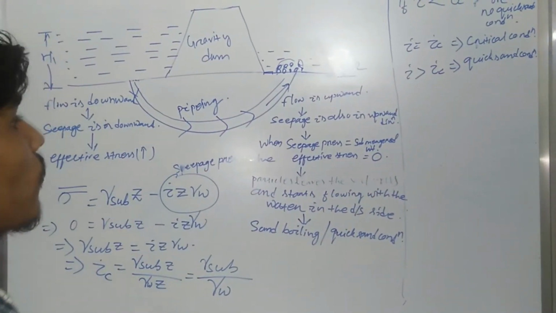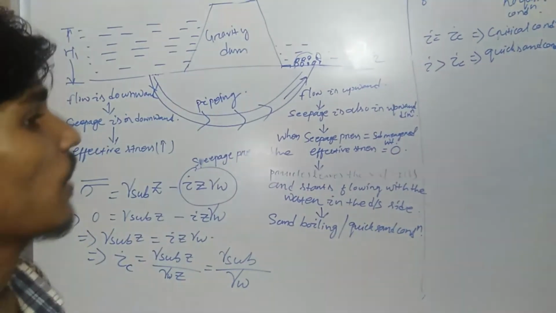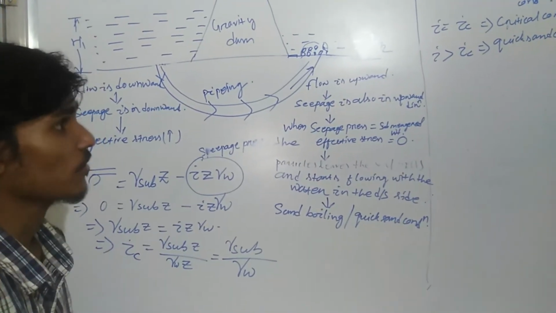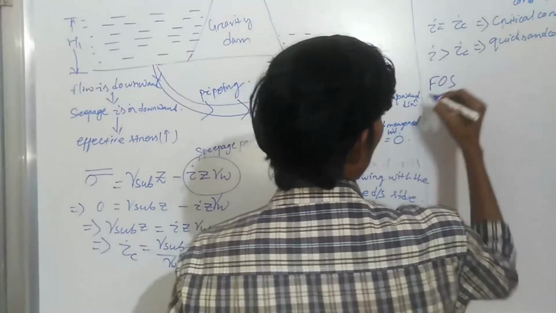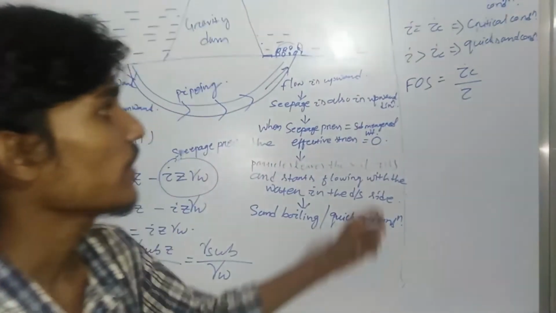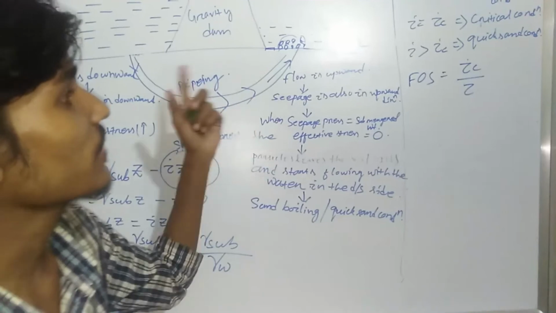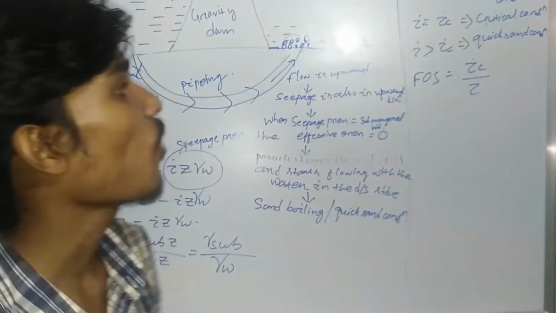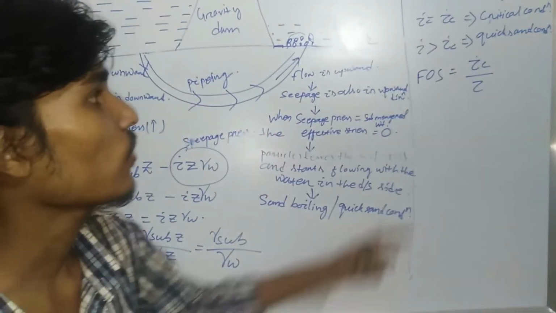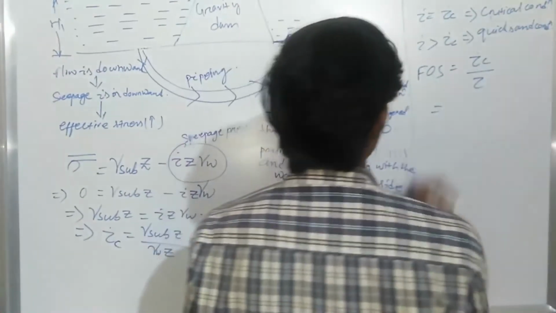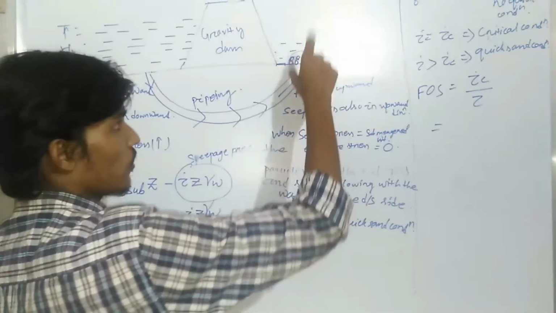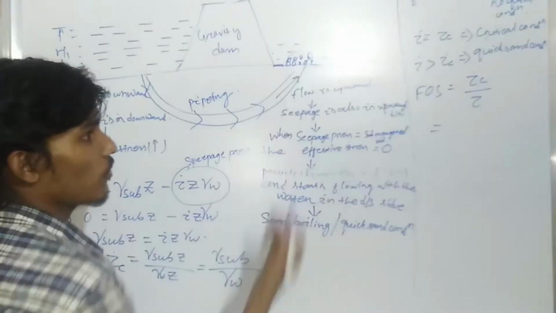To prevent the quicksand condition or piping failure under the foundation of the gravity dam, we must provide a sufficient factor of safety. The factor of safety we can calculate as i_c by i, where i_c is the critical hydraulic gradient and i is the exit gradient. If the exit gradient is equal to or more than the critical gradient, then the quicksand condition occurs. Or we can write in terms of forces: if the total upward force is more than the total downward force, then the quicksand condition will also occur.